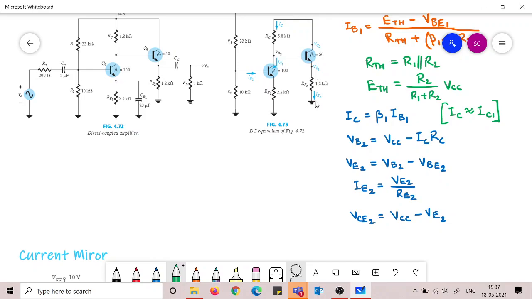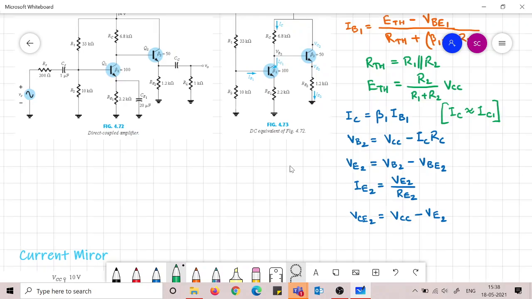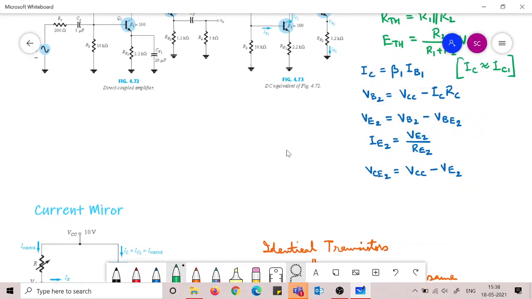IE2, which is the final load current, is VE2 by RE2. And if you want the VCE2, the output voltage of the final transistor, this is simply VCC minus VE2, because this point is VCC directly connected to VC2. So all these circuits can be solved in this manner.